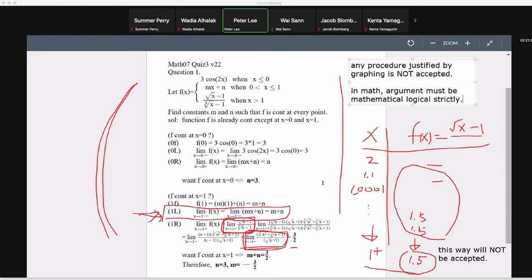And by the way, what students don't know, let me tell you this. When students write a solution, they leave a lot of traces behind. When somebody commits a crime, the person leaves a lot of traces behind, unless the crime is a perfect crime.